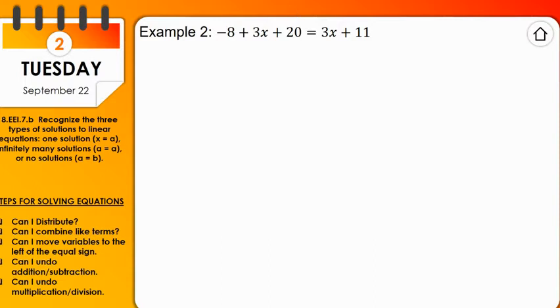All right, for example 2, I have -8 plus 3x plus 20 equals 3x plus 11. The first question I want to ask is, can I distribute?